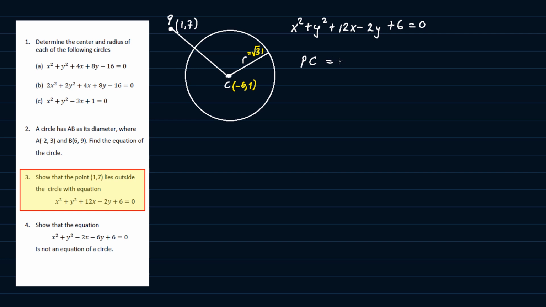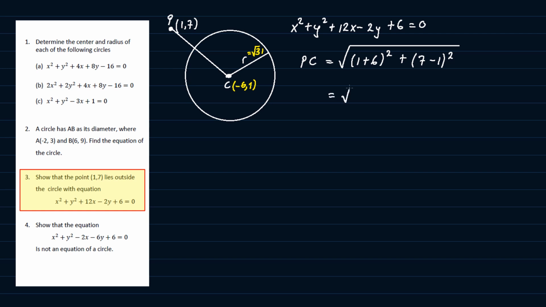And to find the length PC, we use our formula for the length of a line. So we will use 1 minus minus 6, so that's 1 plus 6 squared, plus 7 minus 1 squared.